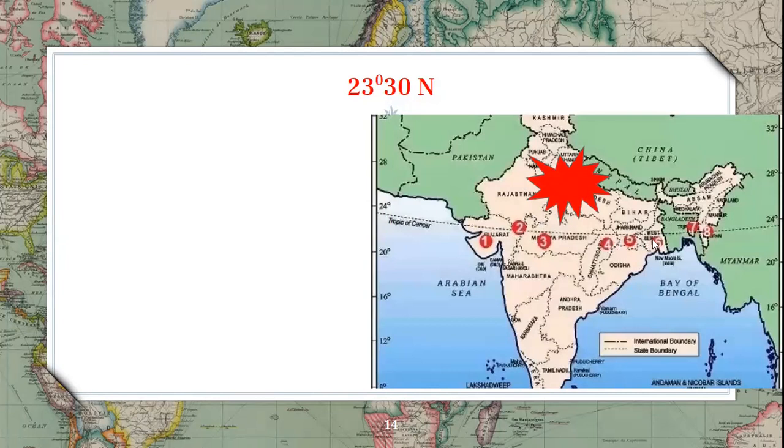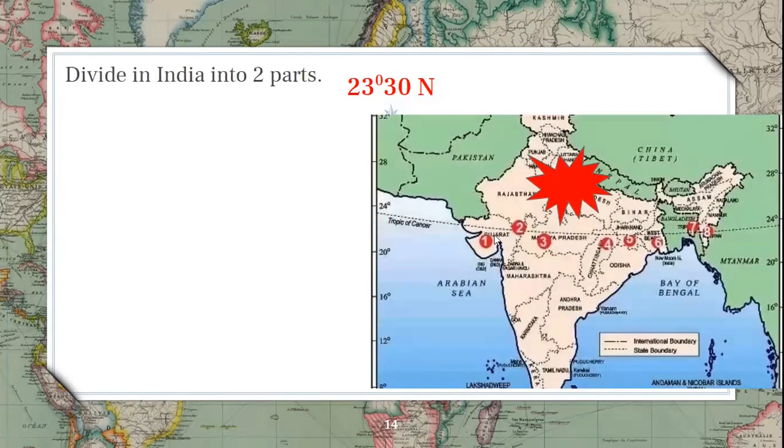They are Gujarat, Rajasthan, Madhya Pradesh, Chhattisgarh, Jharkhand, West Bengal, Tripura and Mizoram.